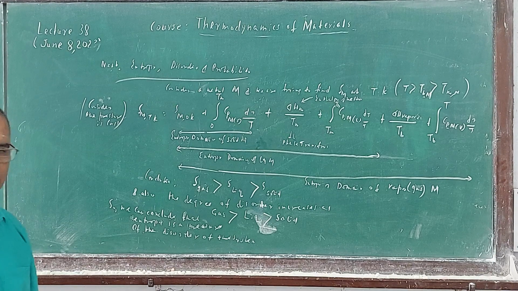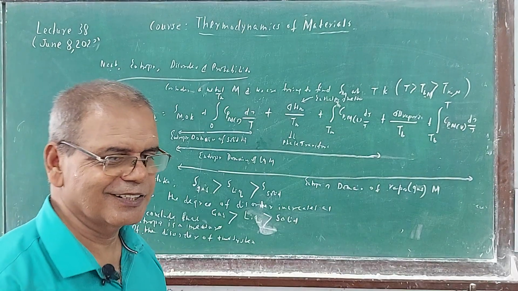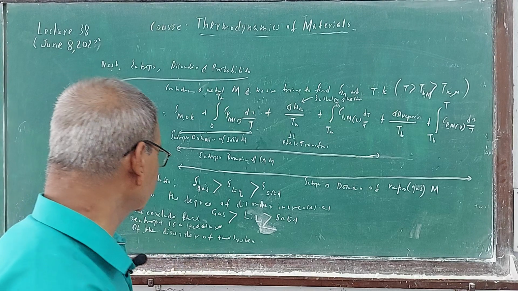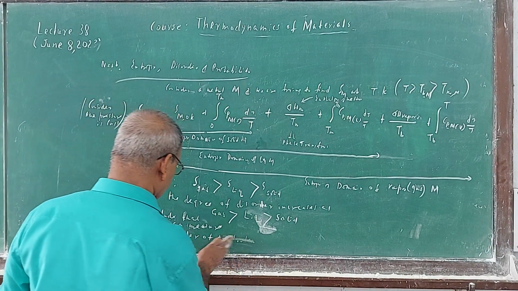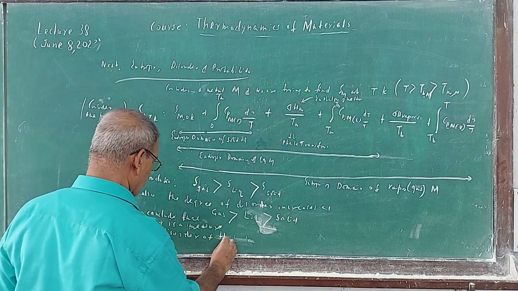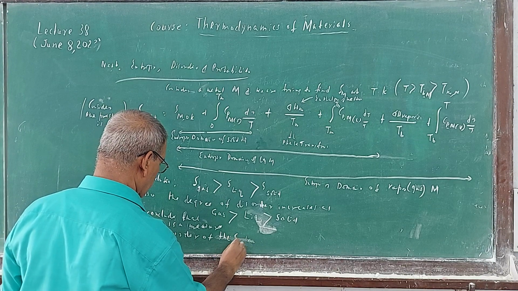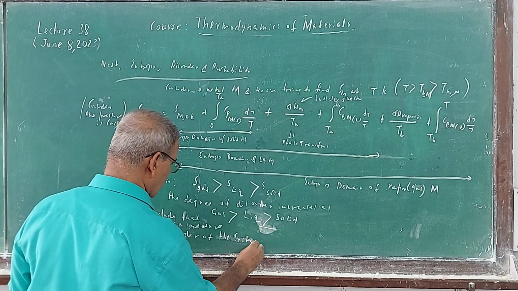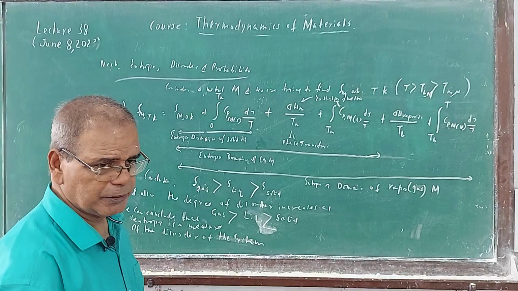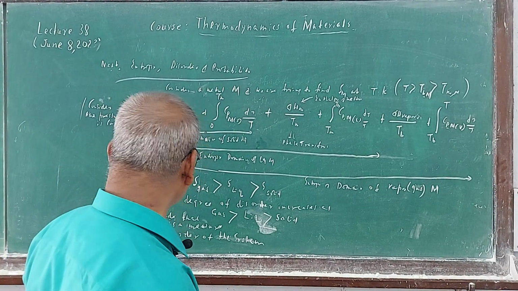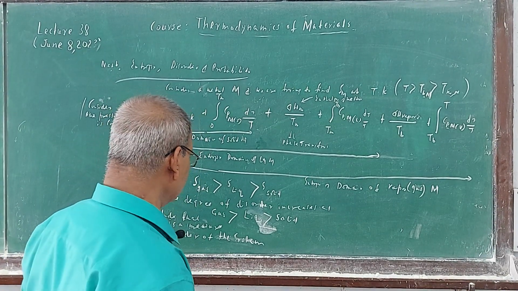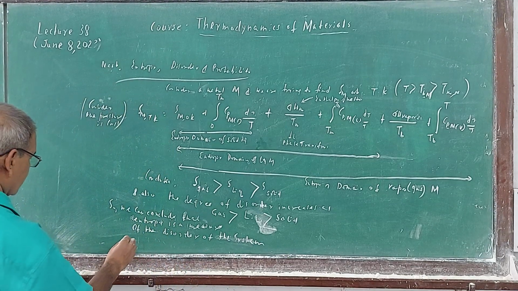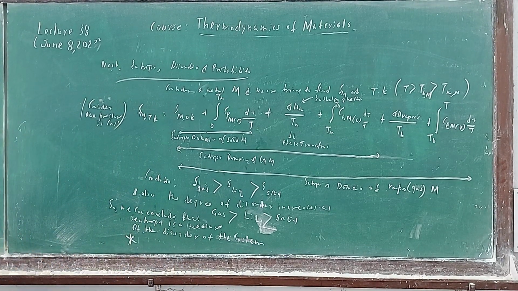Okay. Entropy is a measure of disorder of the system. So this is one. That gives us the term. This is a common phrase: entropy is a measure of disorder.